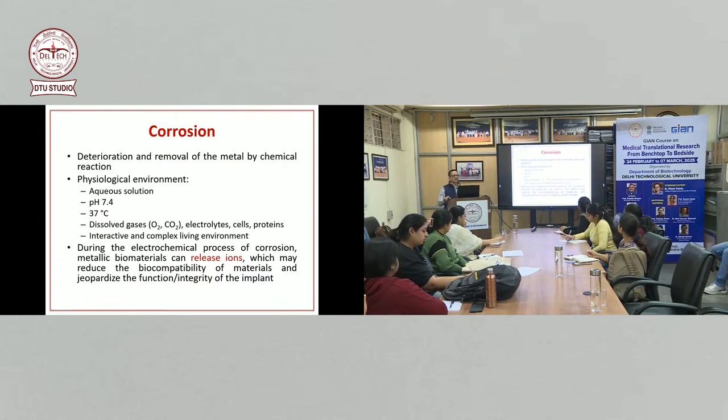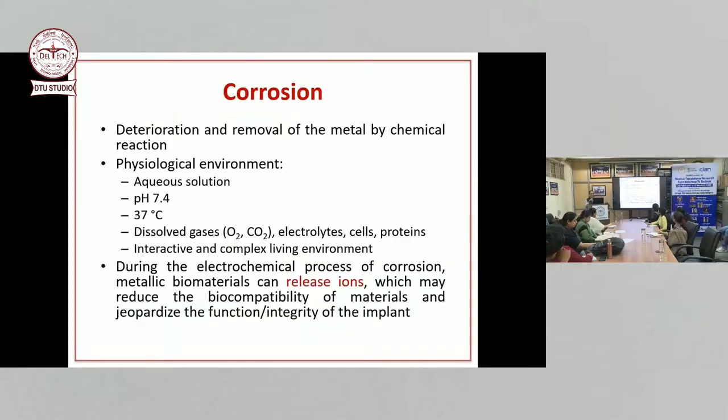Now, another thing we have to keep in mind for metal implants is corrosion, right? If a material is corroding, of course that's a problem. If you have a metal implant that's corroding, slowly dissolving, it's going to become weaker and weaker, and the ions that are being released can be toxic to the tissue and harmful for the body, right? So that's another thing.